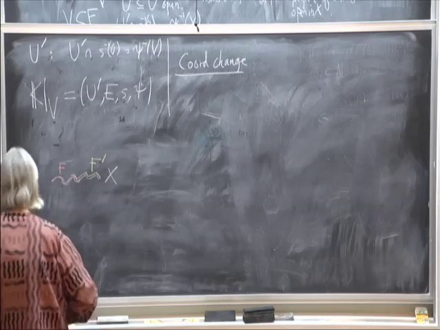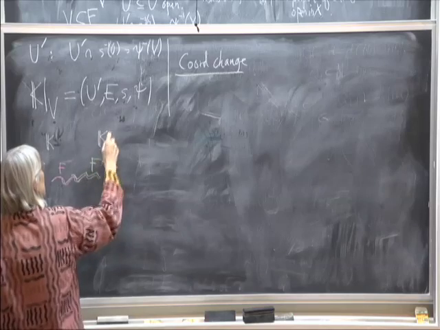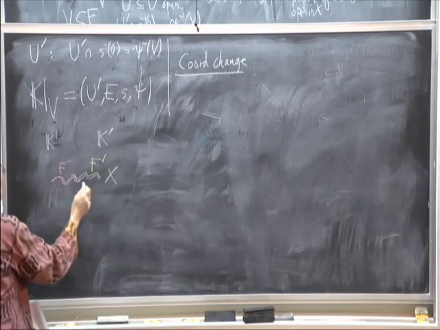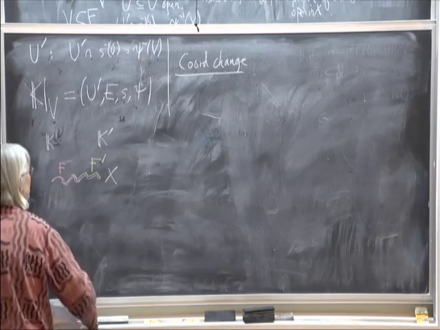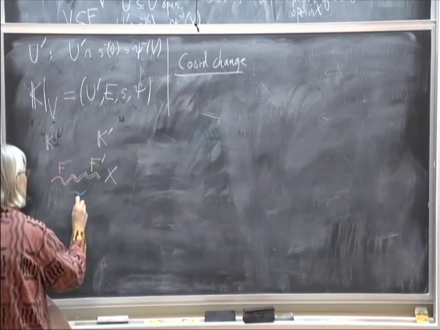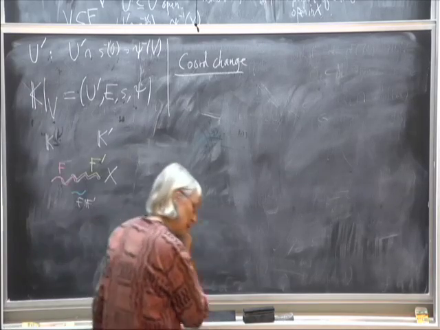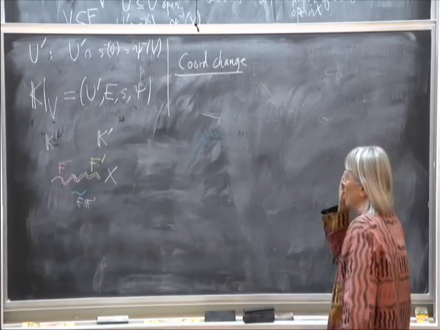We've got a chart K for F and K prime for F prime, and we want to define a restriction over the common bit, the intersection F intersect F prime. And we want to then define a coordinate change.